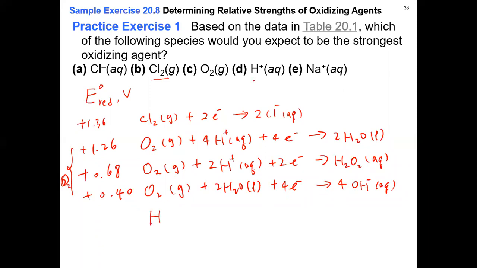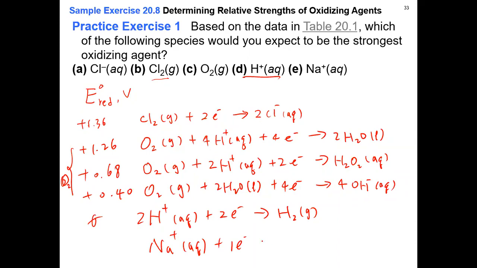Two more choices: H plus aqueous, and we have to use 2 of that to balance the equation, plus 2 electrons produces H2 gas. By definition that's 0. The last one, sodium ion plus 1 electron produces Na solid, and that has a number of 2.71.